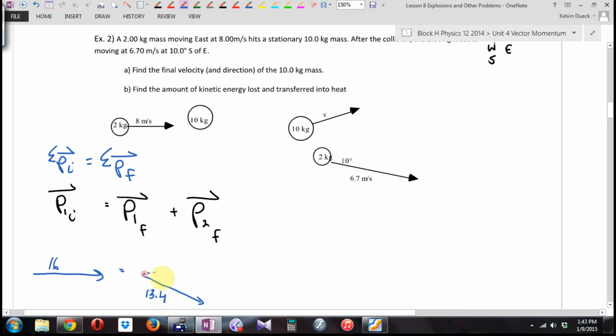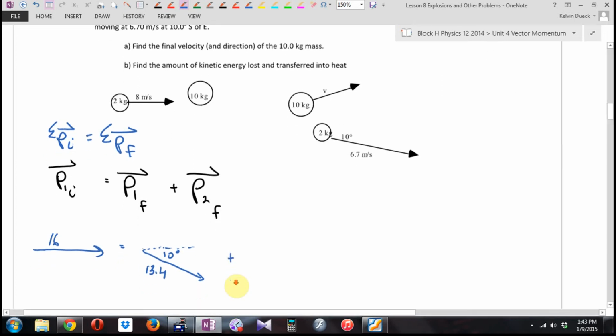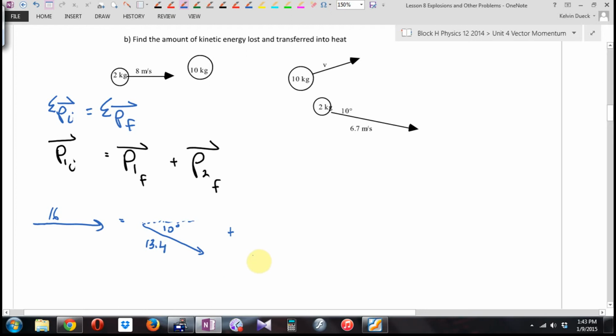And Sarah, it also looks like, according to the picture, that angle right there is 10 degrees. There's my south of east. What direction is the velocity of object 2, or the momentum of object 2? Well, Sarah, the written part doesn't say, but looking at my picture, I think I can safely say, you know what?